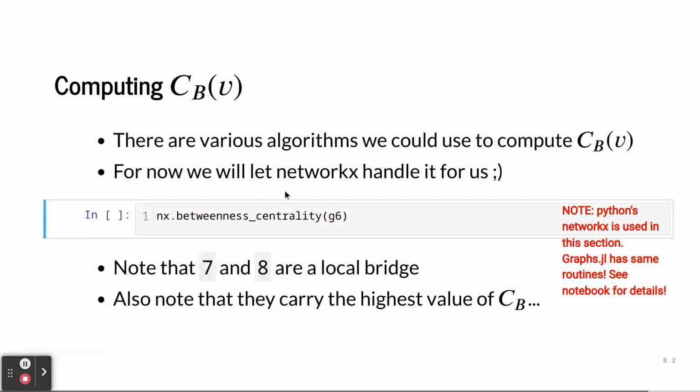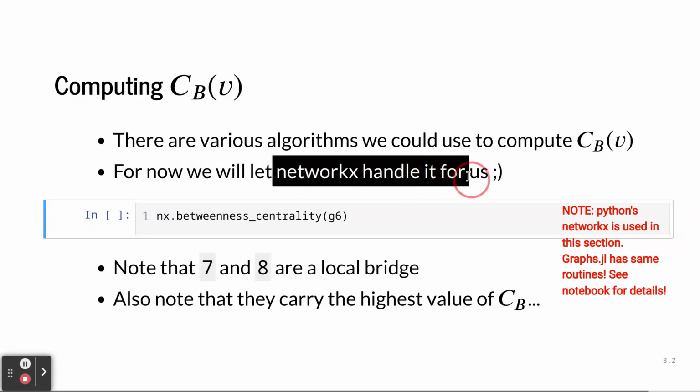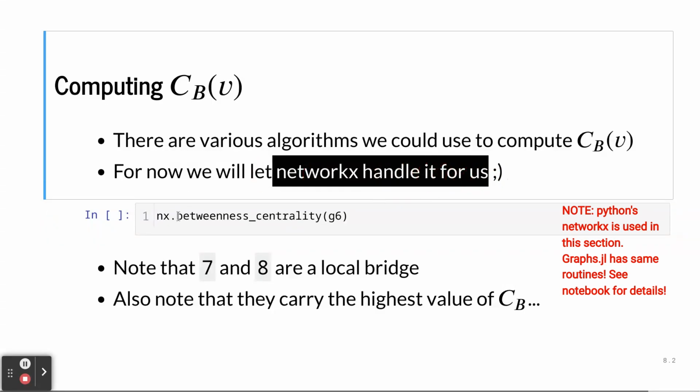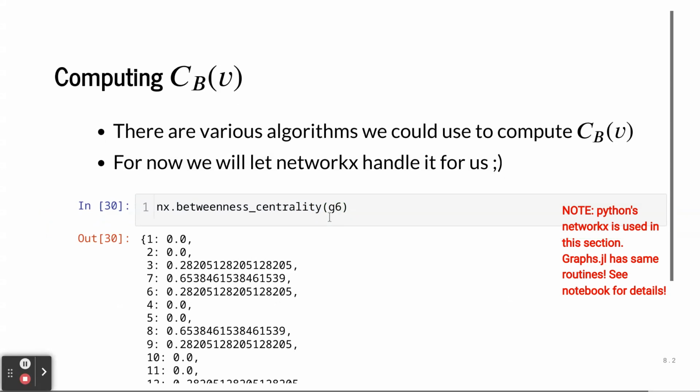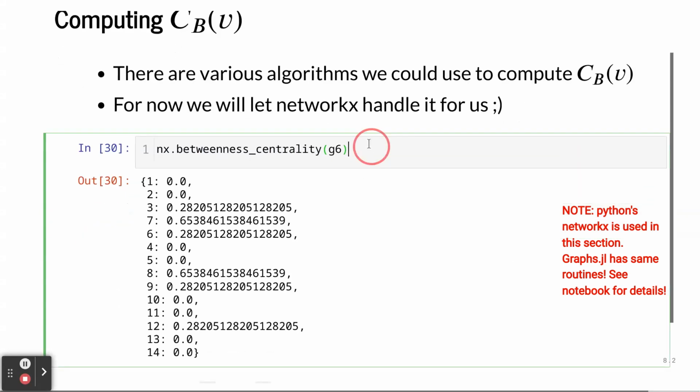So there are various algorithms that we could code up that will let us compute this betweenness centrality. But for right now, we'll just let NetworkX do the hard work for us. Inside of the NetworkX library, there's a function called betweenness_centrality, and we just have to pass it our graph G6.